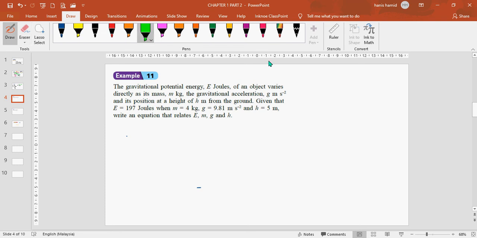The gravitational potential energy E of an object varies directly as its mass, the gravitational acceleration and its height from the ground. Given that E is 197 when M is 4, G is 9.81, H is 5.